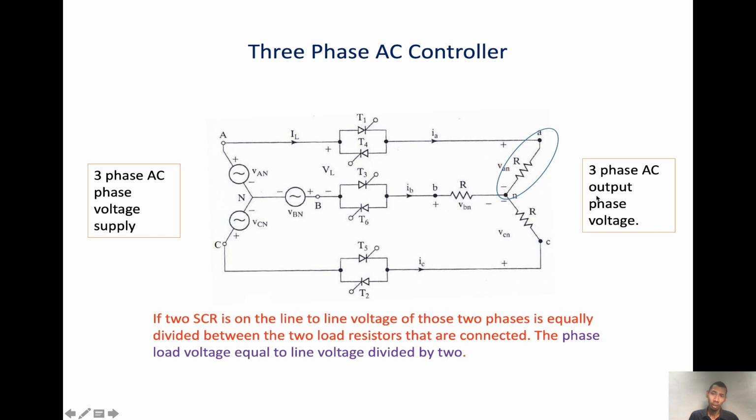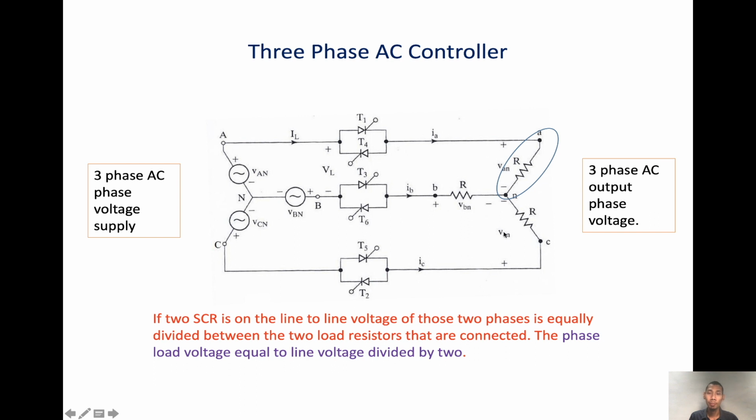The line voltage is between A and B. Because the load resistances are symmetrical, VAN is identical to VBN and is half of the voltage between A and B, the line voltage.